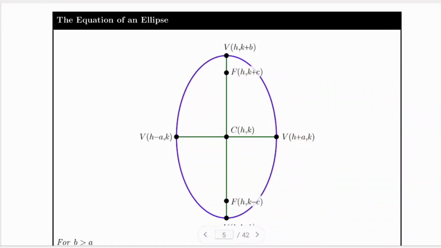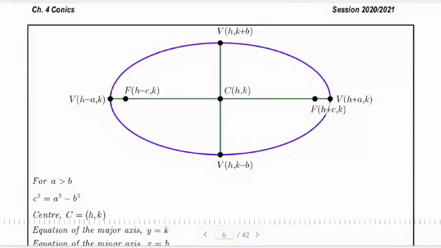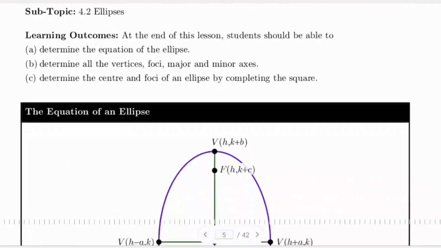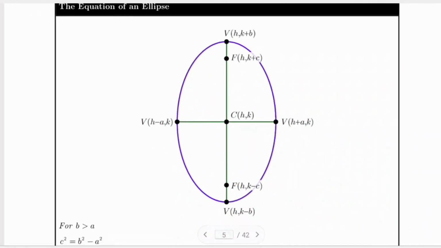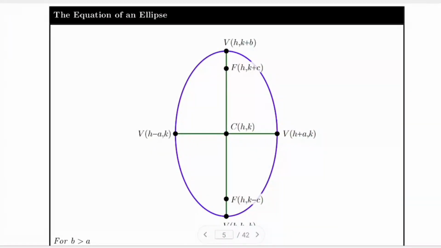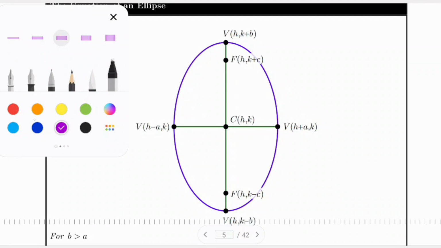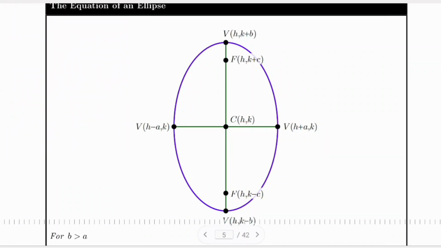So you have two different types of ellipse. The first one is this. The second one is looking like this. Alright? So what is the difference between these two? First, we're going to look at the ellipse. You notice that the ellipse has vertex, foci and center.